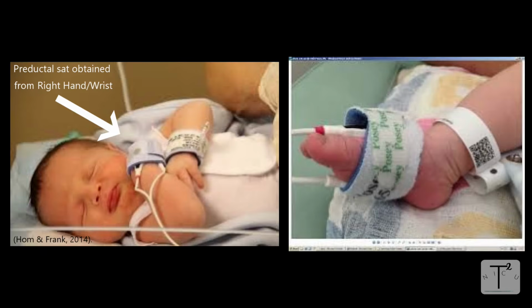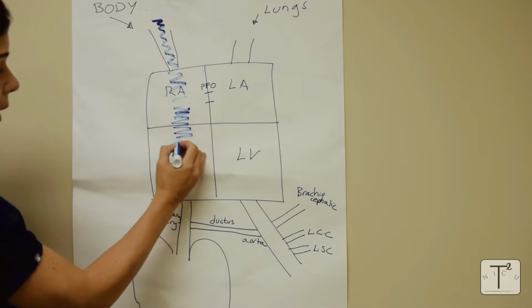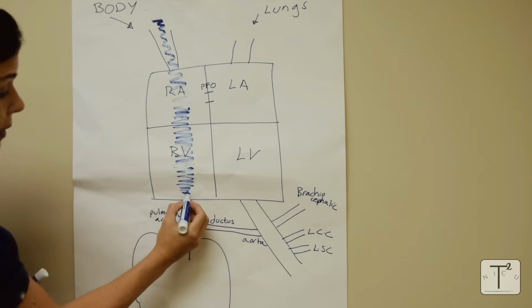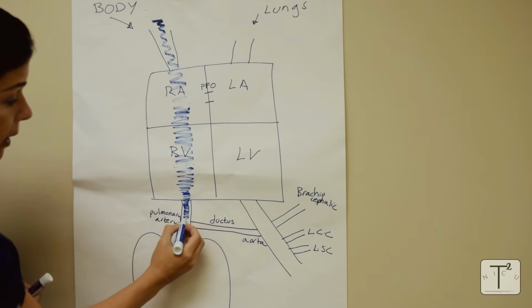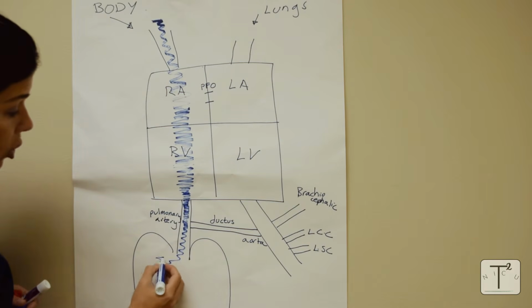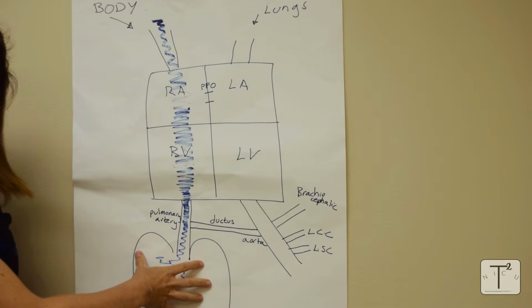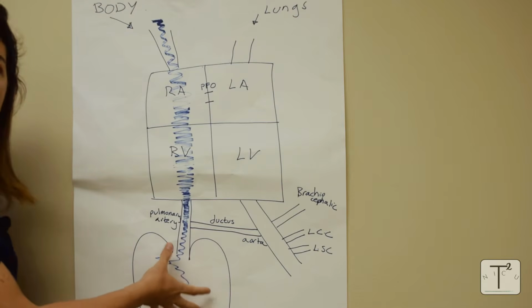So the blood coming back from the body is blue blood, because the body has used all the oxygen and extracted it, so the hemoglobin is now deoxyhemoglobin. So this is all blue blood coming down here, right, into the lungs, and the lungs are going to make it nice, bright red blood. Immediately after the baby's born, there's still a little bit of pulmonary hypertension.